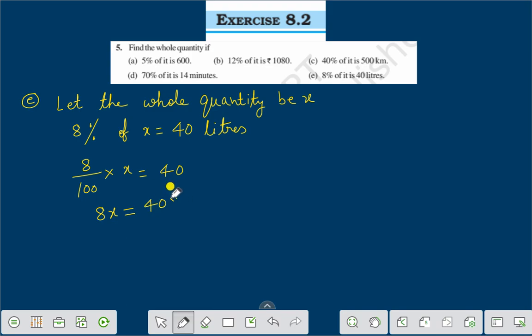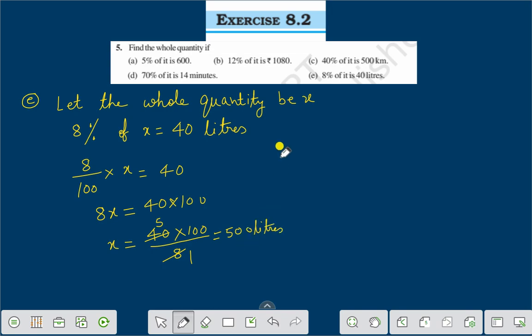Or x can be written as 40 into 100 divided by 8. 8 fives are 40. This 5 into 100 is equal to 500 liters.